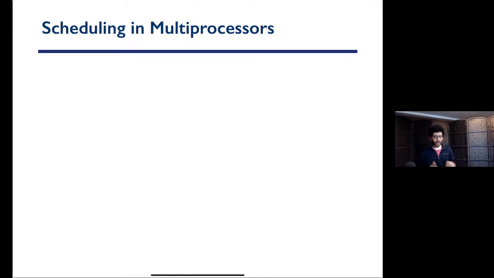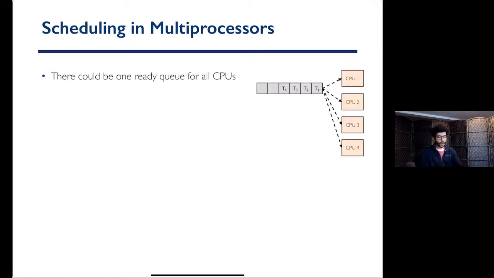Now, I'm going to end this lecture by talking about what the operating system can do in terms of scheduling threads on multiple processors. One naive way is to just have a single scheduler, as we had in the uniprocessor. So have a single scheduler with a single ready queue, and this scheduler will schedule tasks on all the CPUs.